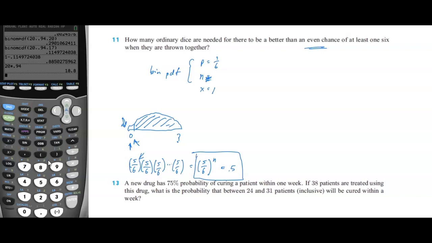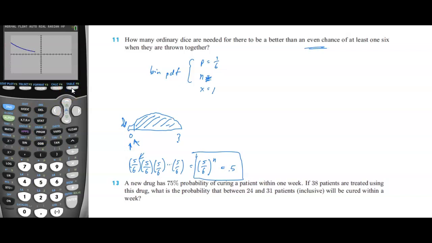But I think you guys maybe don't remember how to do logs, so what I'm going to do is put the equation into y equals 5 divided by 6 to the x, and I'm going to compare that to 0.5. I'm going to see when these intersect.